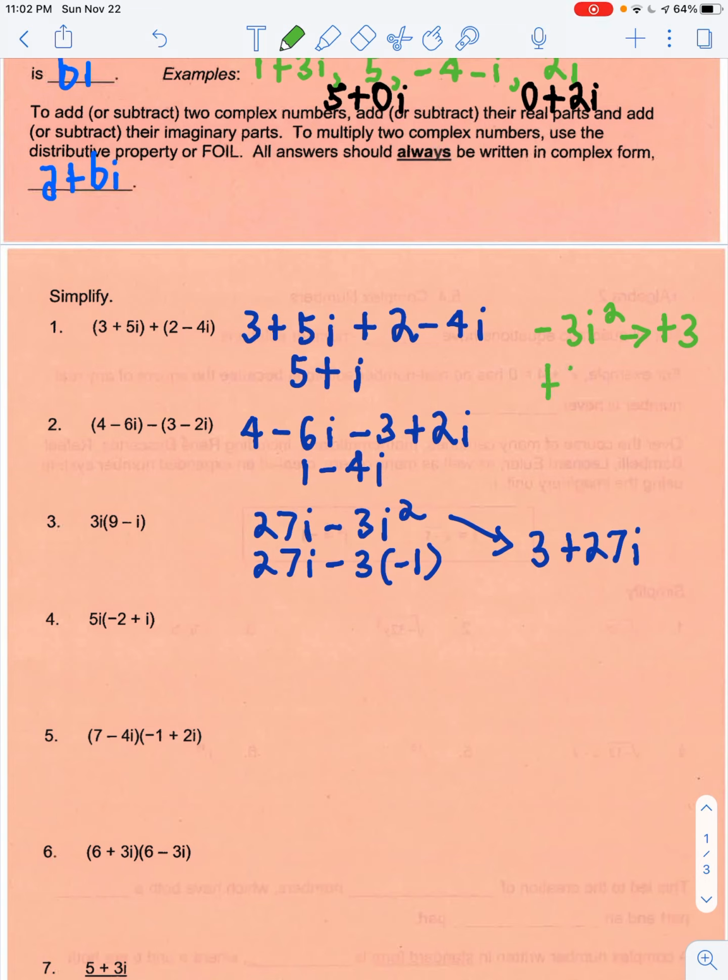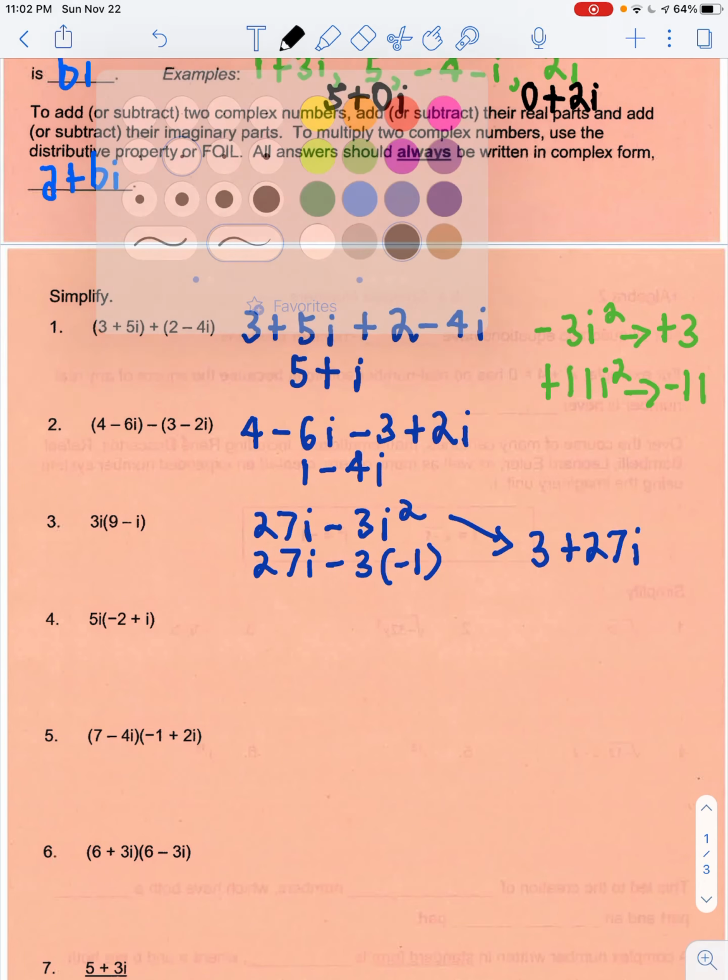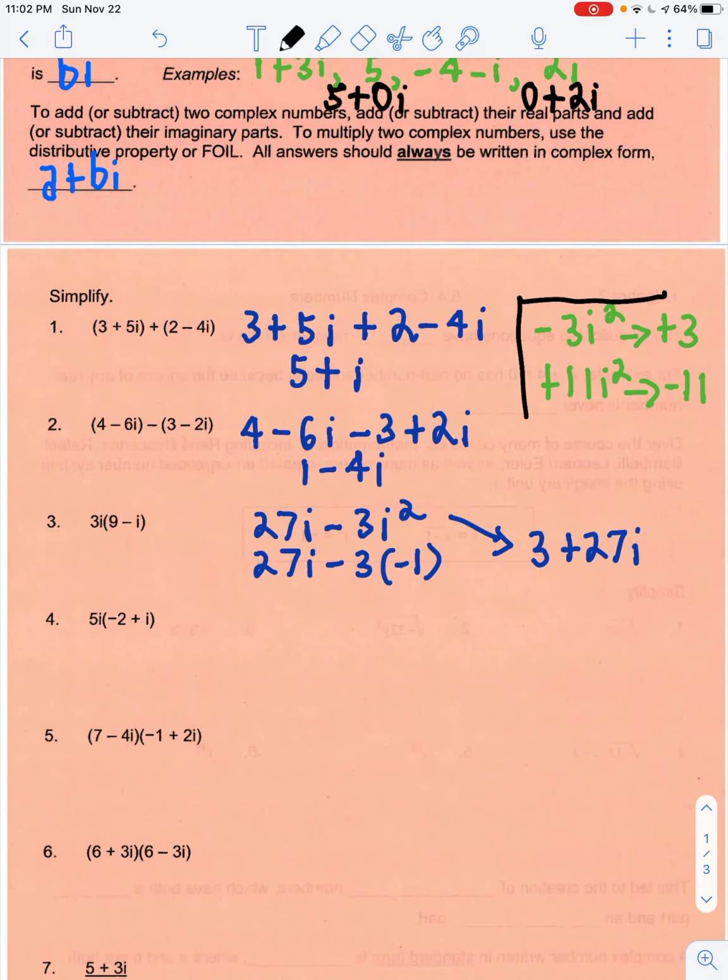Likewise, if you have something like positive 11i squared, when you multiply by negative 1, that gives you negative 11. So it's a good shortcut to realize these things because that's going to save you some work if you understand that all i squared's going to do is change the sign of the coefficient.